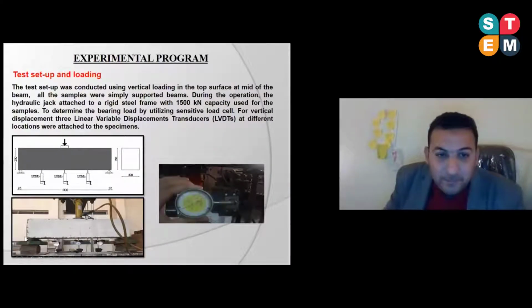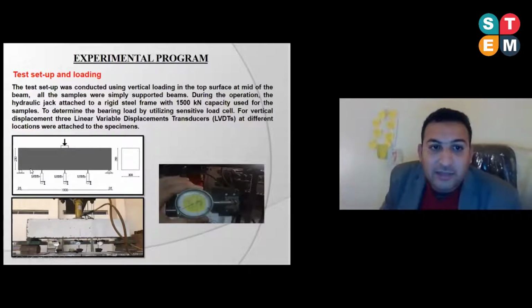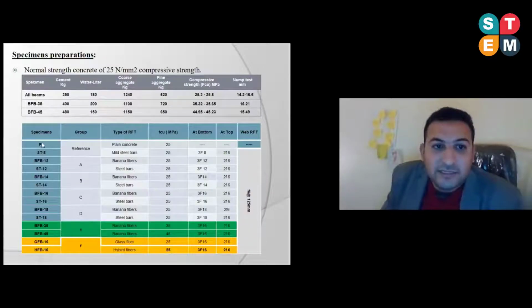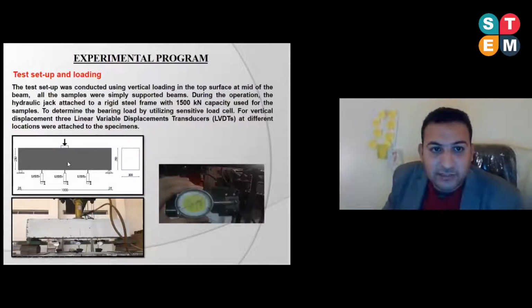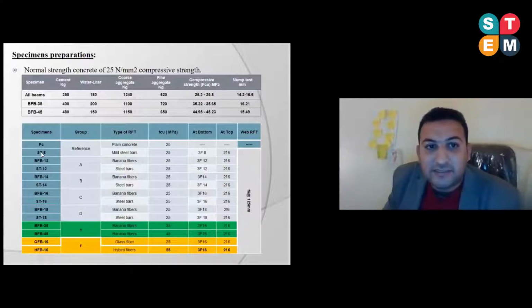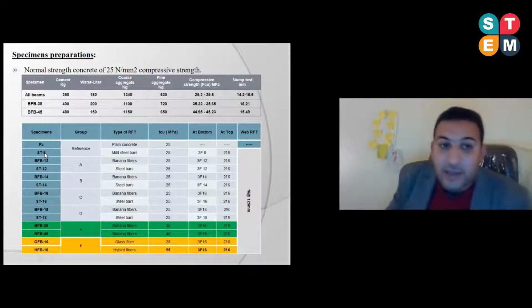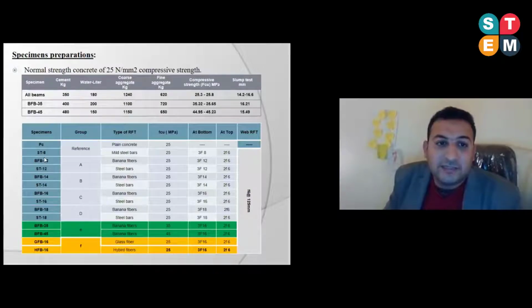We make a beam, the chart as we see, and instead of the traditional steel bar, we put the banana fiber bars in it. This is the beam, plain concrete, without any steel, without any banana bars. We put steel with diameter 8 millimeters, and this is banana fiber bars with diameter 12, and this is steel bar with diameter 12.